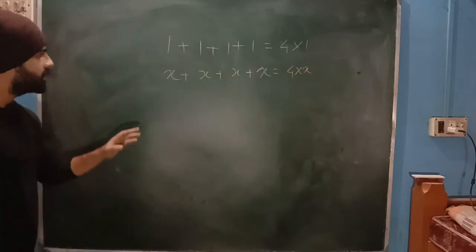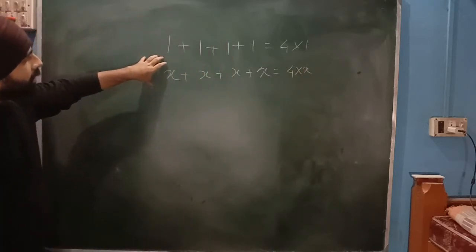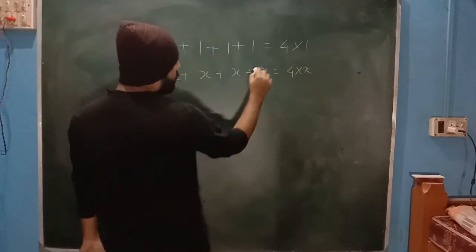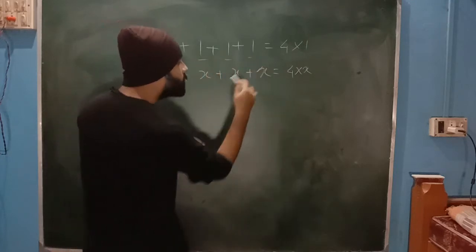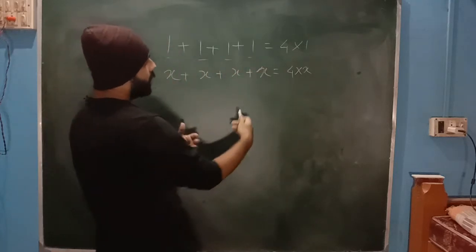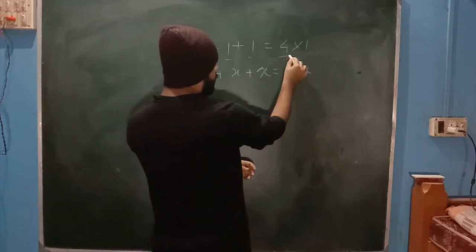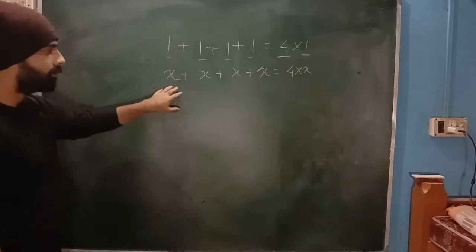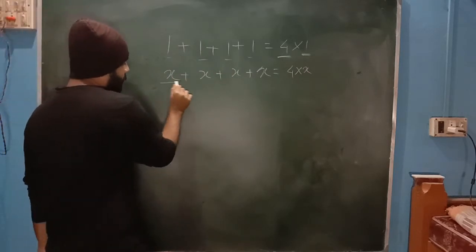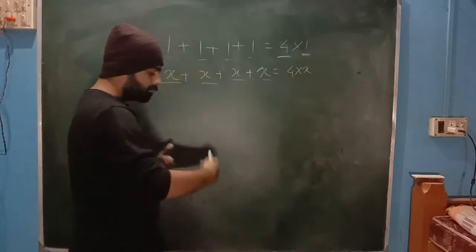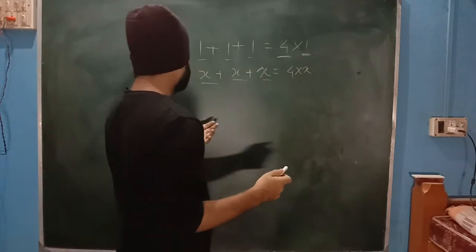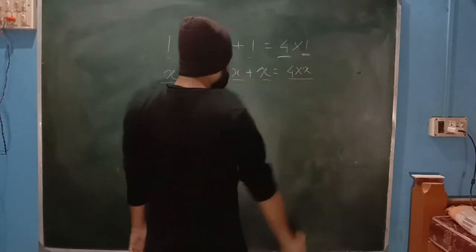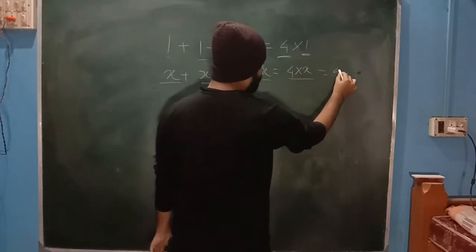Here you are summing up, and then you simply count how many times the same number is repeated. So the repetition number is here and the base number is here. For this one, the base x is repeating over 4 times, that's why it's 4x.